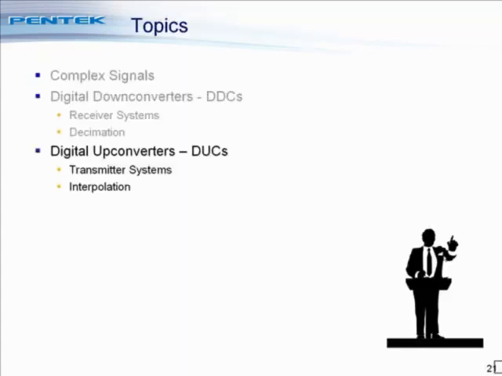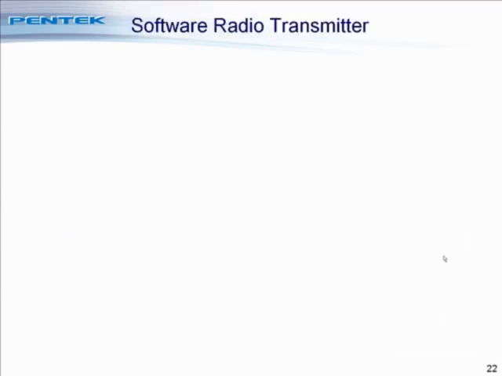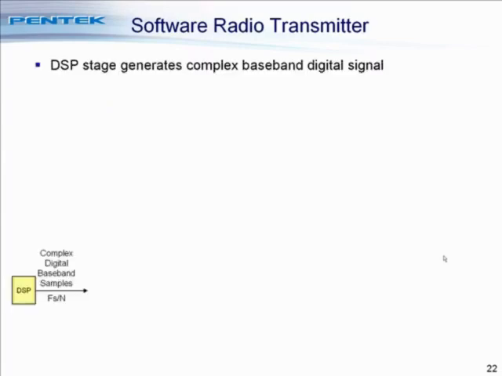Now let's take a look at digital upconverters. This is exactly the inverse signal processing scheme to digital downconverters, as you might have guessed. First, let's take a look at an overall block diagram of a typical software radio transmitter. In this case, we start with complex digital baseband samples at a sampling rate of Fs over n, a low rate.